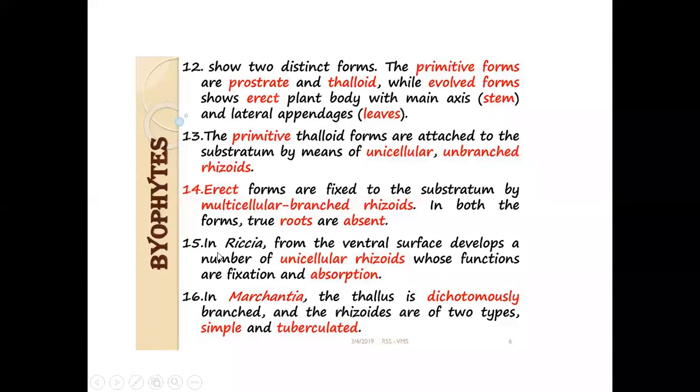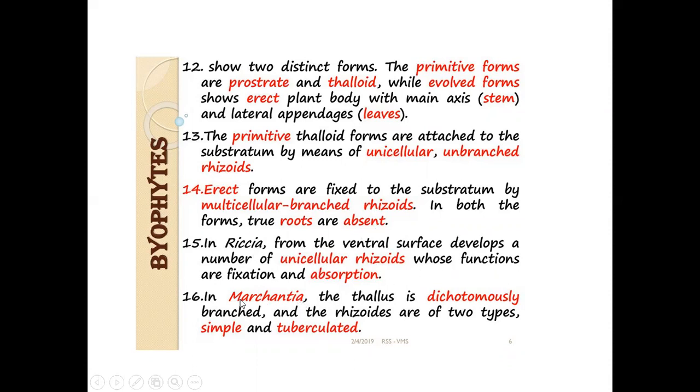Next. Riccia is one of the bryophytes, the first formed bryophyte. In these forms, we can see many rhizoids, which are unicellular, on the ventral surface.